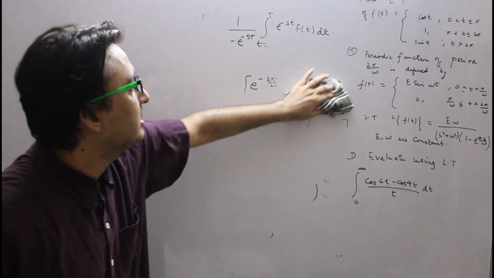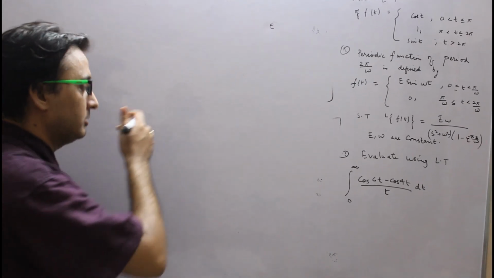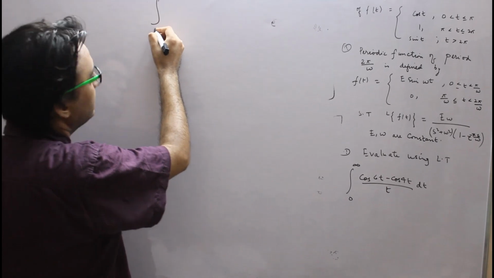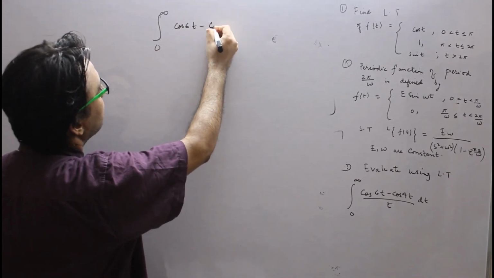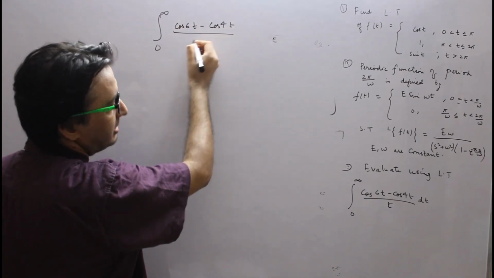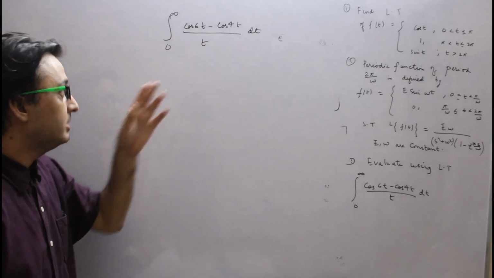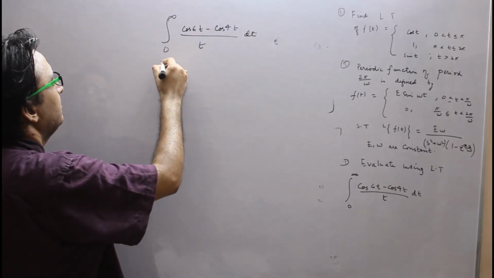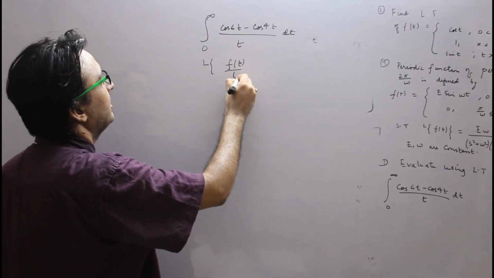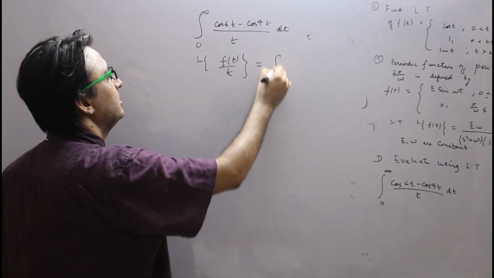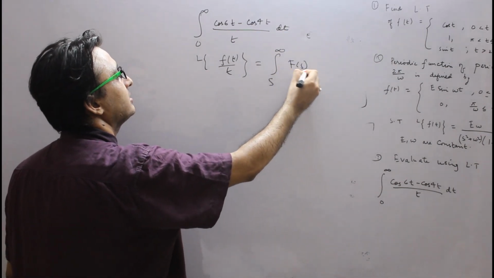and the question is asking us to evaluate using Laplace transform. So the question is, evaluate integral 0 to infinity cos 6t minus cos 4t divided by t dt. Alright, so here we are using a property, we must recall, that is Laplace transform of any function f of t by t is equal to integration s to infinity f of s ds.